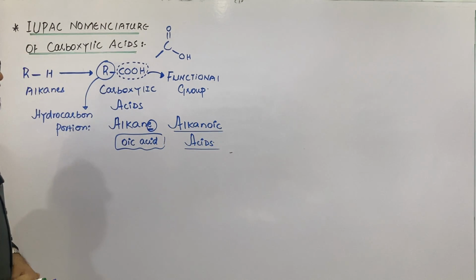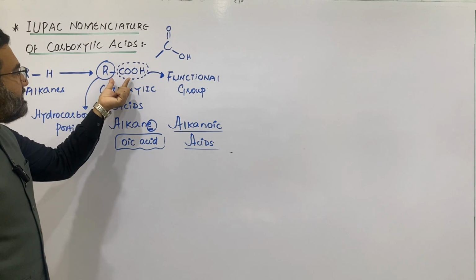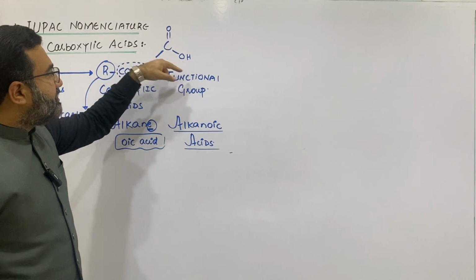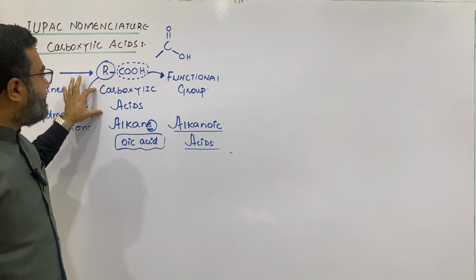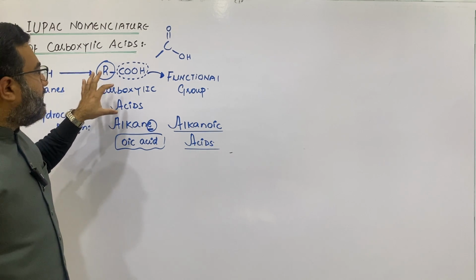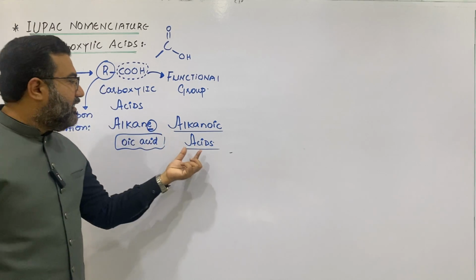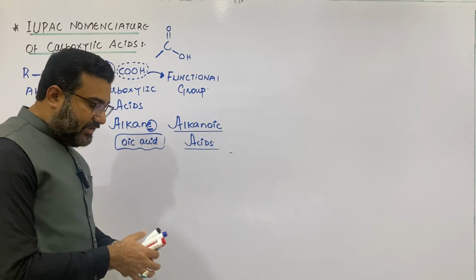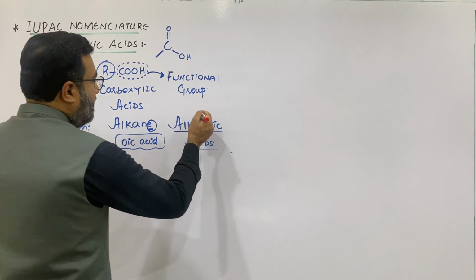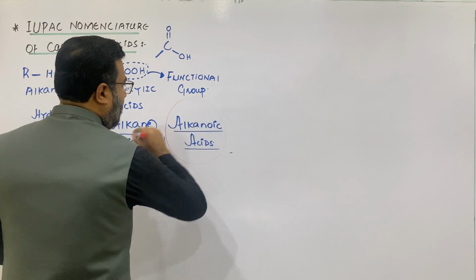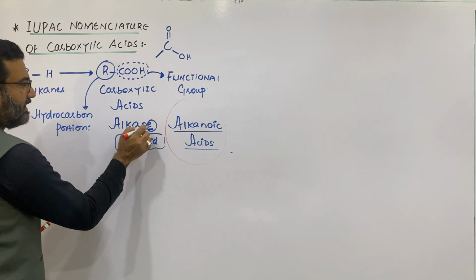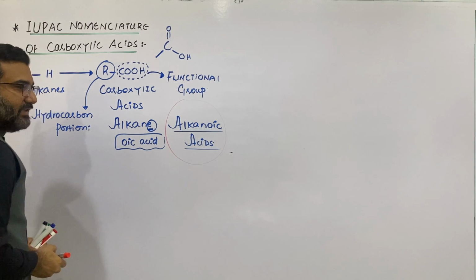So the common name of this class of organic compounds having this functional group is carboxylic acid, and the systematic or IUPAC name of this class is alkanoic acid. This word alkanoic acid is basically taken from the alkanes by replacing the E with OIC acid.